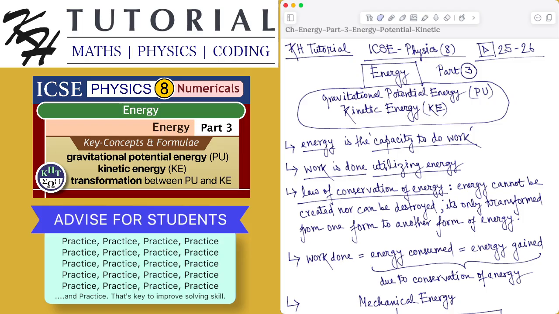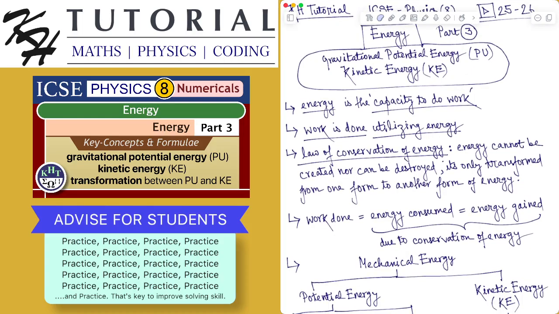Since the primary objective of these videos is to solve numerical problems, I will not touch much on the theoretical concepts. One important type is mechanical energy, and under mechanical energy you have potential energy and kinetic energy. And there are other forms of energy like electrical energy, heat energy, light energy, which I will not discuss.